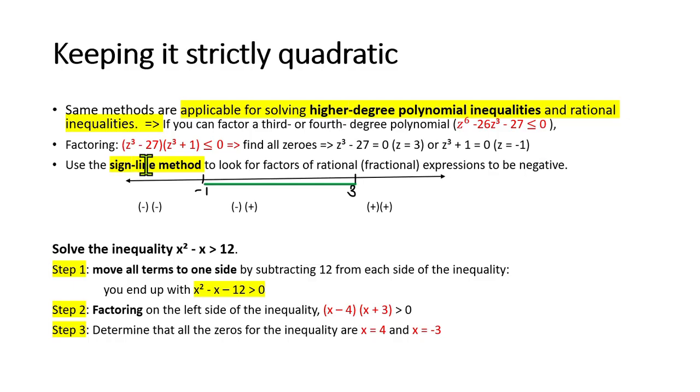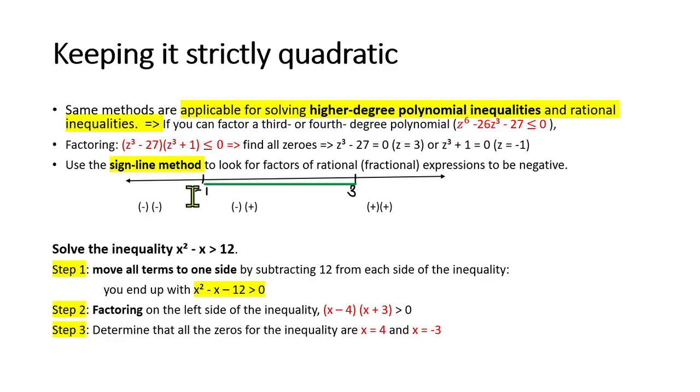In the previous slide, I demonstrated the factors g cubed minus 27 and g cubed plus 1, so two factors, less than 0. Then find the zeros. For the first term, g cubed minus 27 equals 0, g equals 3, that's a zero. g cubed plus 1 equals 0, g equals minus 1. So in the number line, minus 1 and 3, and we create a sign line here.